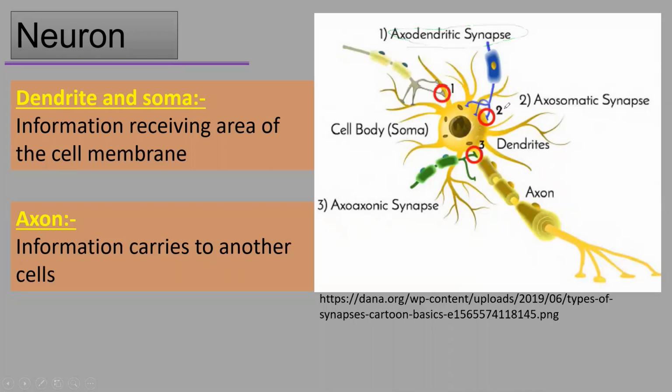If the axon synapses with the soma, it is an axosomatic synapse. And some axons may synapse with another axon, so that is an axoaxonic synapse. So these are the three types of synapse we can find for communication between neurons.